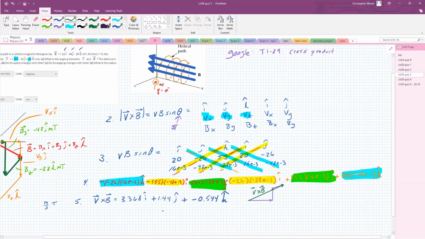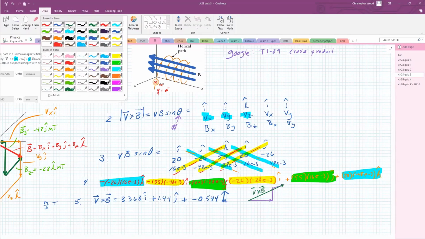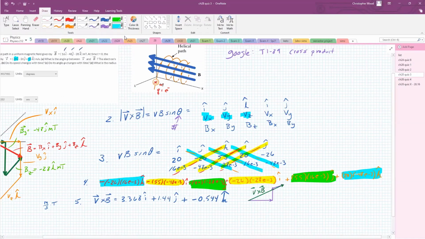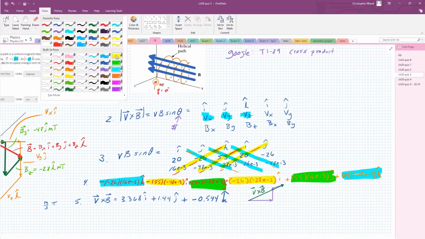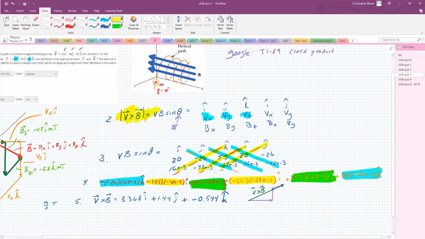All right. What's the magnitude of V cross B? Because I know what it is in terms of unit vectors, now I need to take the magnitude. This is my path I'm taking. Here's my answer right here.